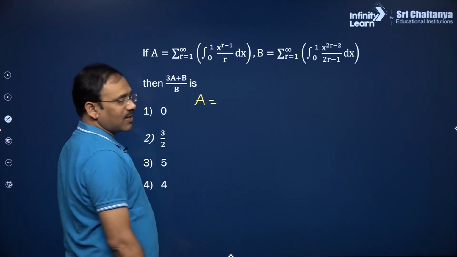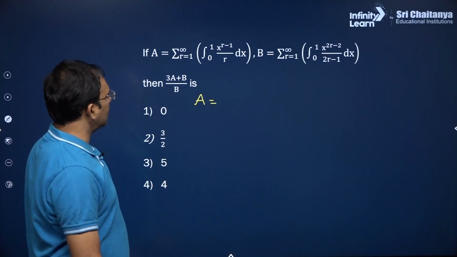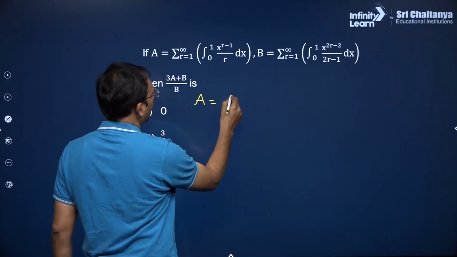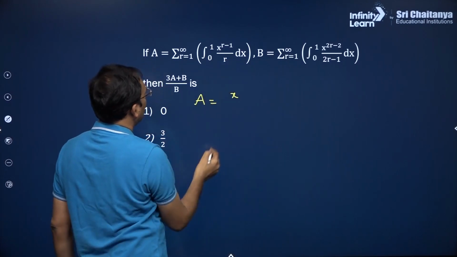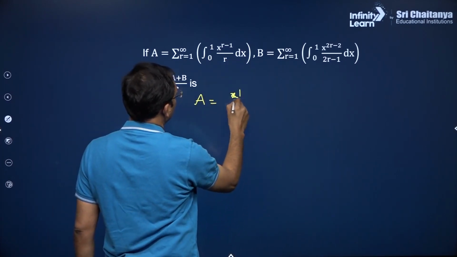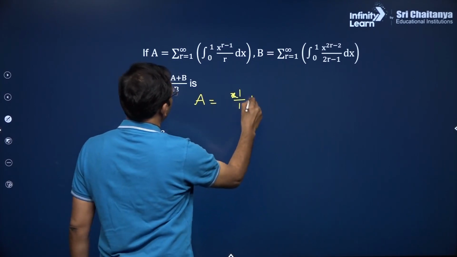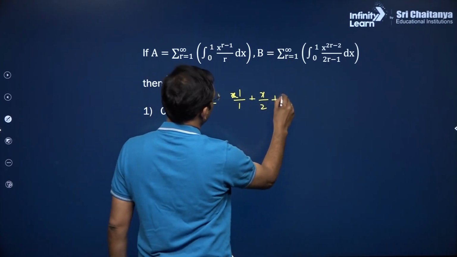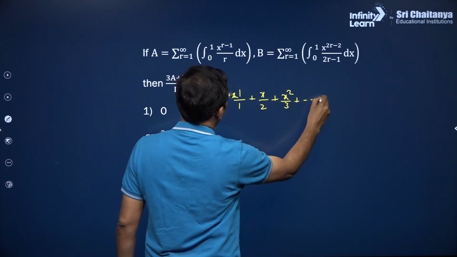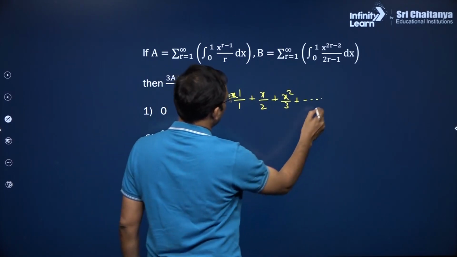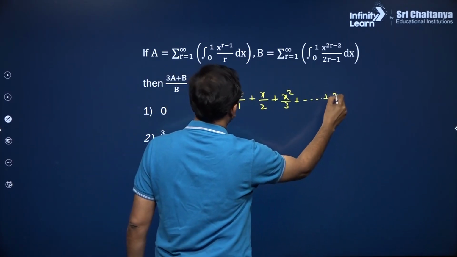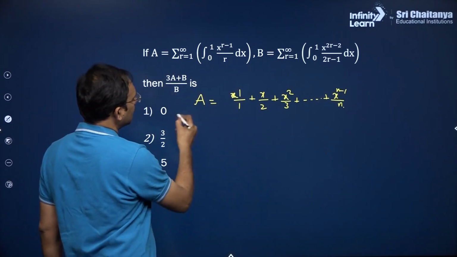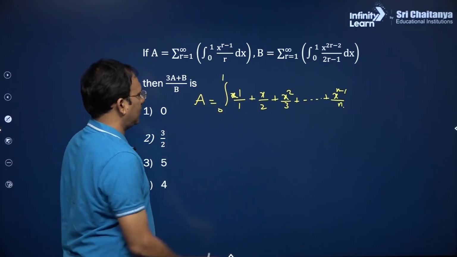If you just expand, my dear friends, 1 by n into limit n tends to infinity kind of, you will observe that put r is equal to 1, x power 0 by 1, plus r is equal to 2, x by 2, plus x square by 3 and so on, you are going to get, say, up to n, my dear friends. So up to infinite, of course, this is x power n minus 1 by n you are going to get, and its integral 0 to 1 you have to apply dx.